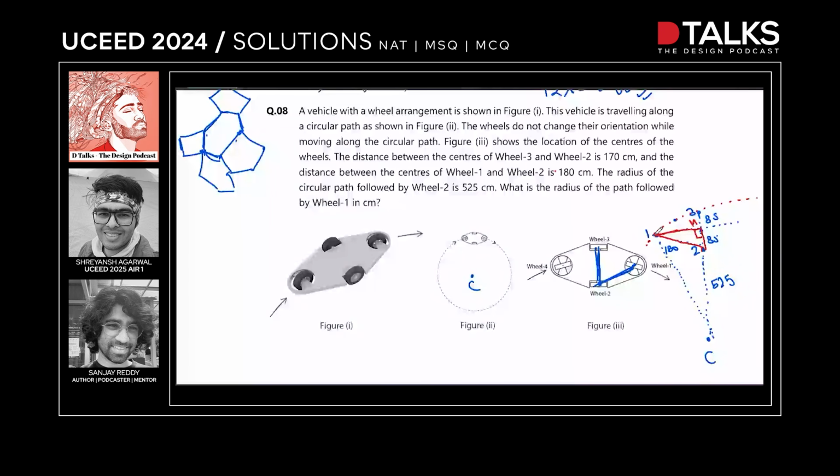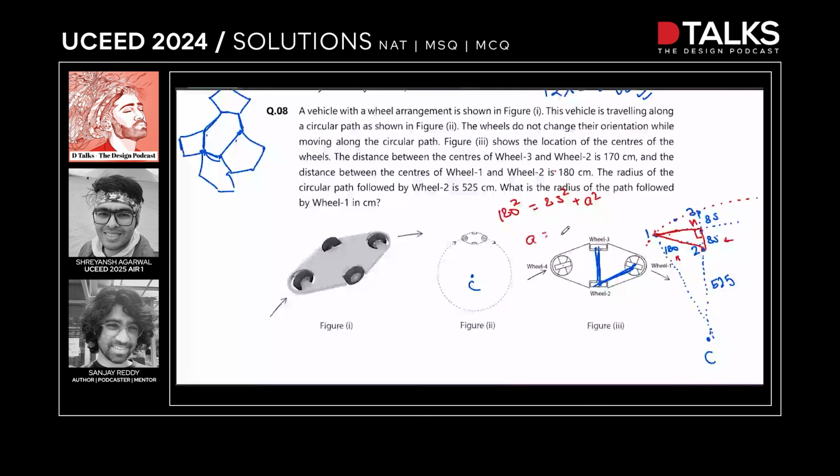So how will you find the value of M1? Because M12 is a right angle triangle of which we know the hypotenuse and we know one side. So what's the value of this side? It's 180 square is equal to 85 square plus a square. A is this side, I'm assuming it to be a.